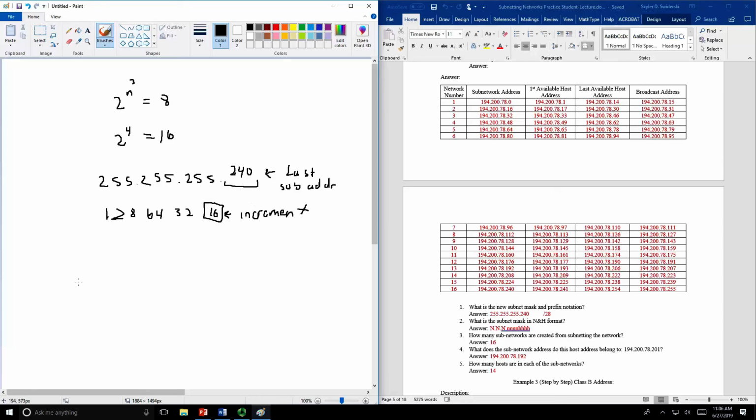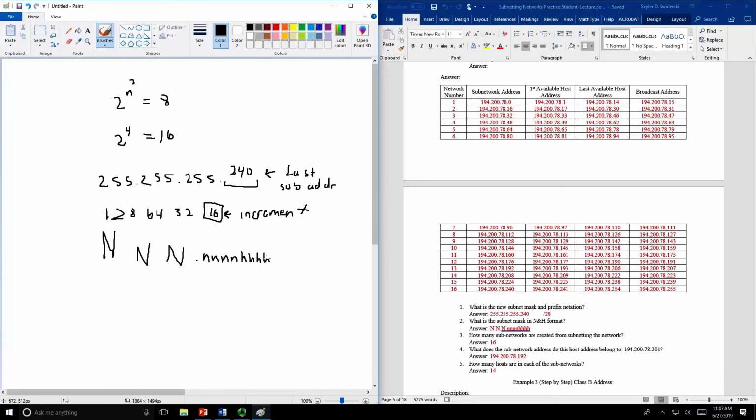Subnet mask, remember, 255 equals a capital N, so we have 3 capital N's. And now since we took 4 bits from the host section and made them network, we have 4 N's and 4 H's. So we only have 4 host bits now.